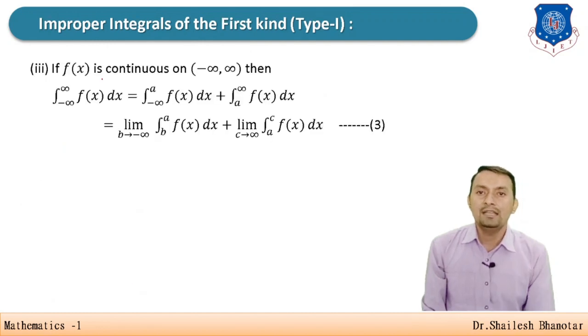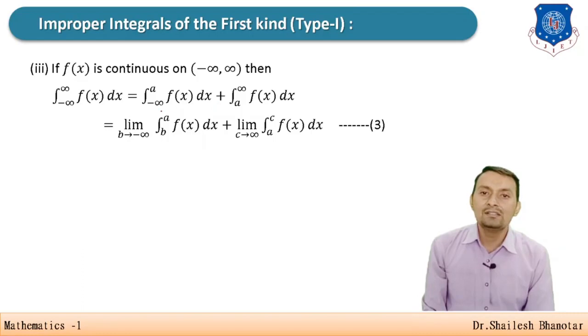And the same, if f of x is continuous on minus infinity to plus infinity, then the improper integral minus infinity to plus infinity f of x dx can be evaluated by splitting at a, where a is any constant between minus infinity and plus infinity, such that f of a must be a finite value.